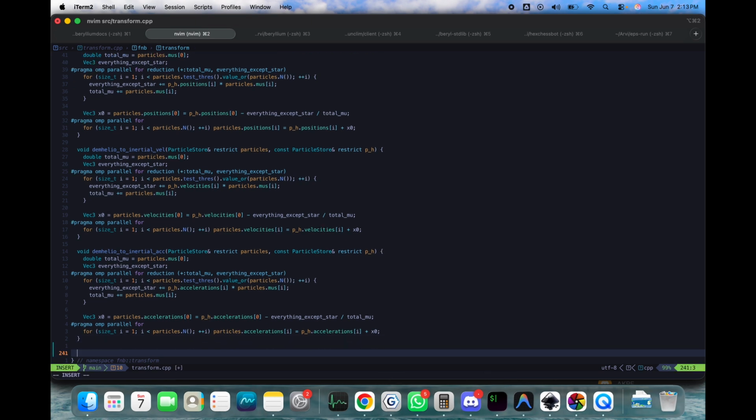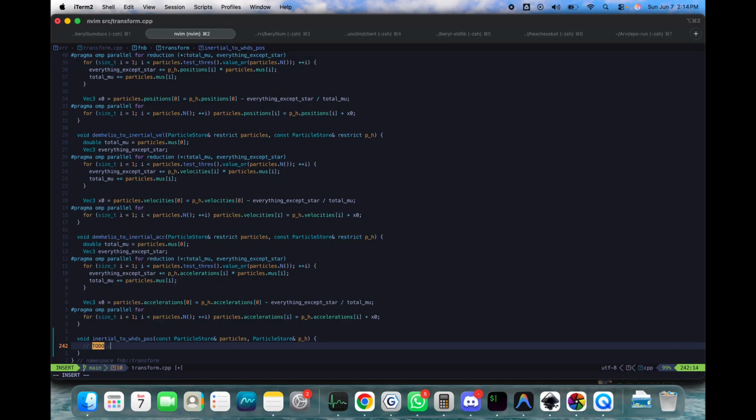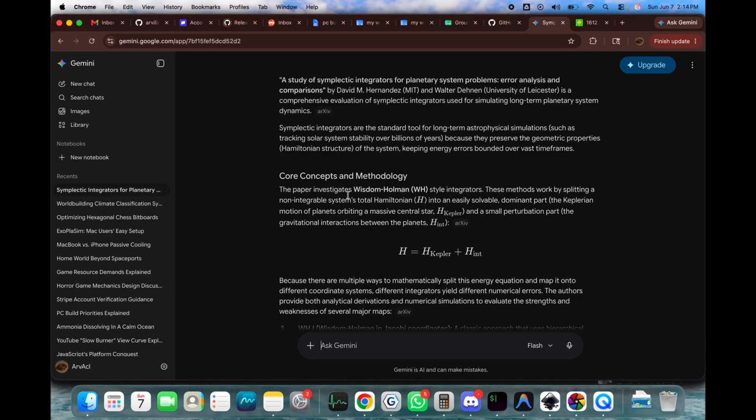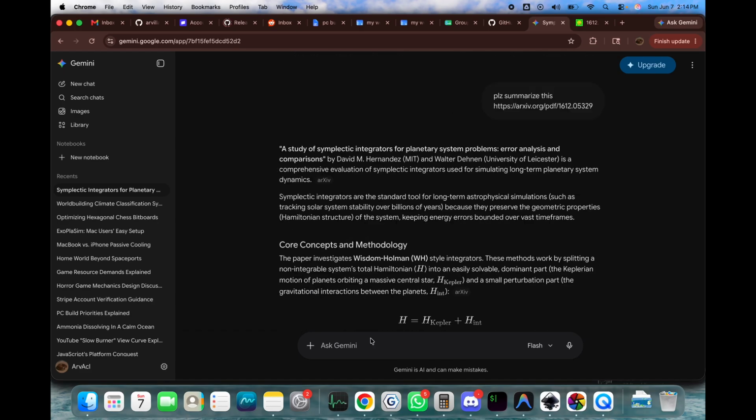Right now while I'm waiting, I'm just going to implement. Okay, investigate this. It did not give me anything related to WHDS coordinates.